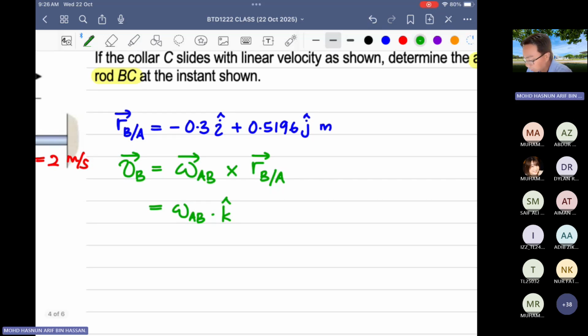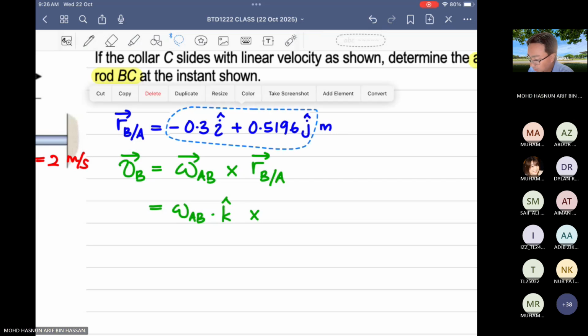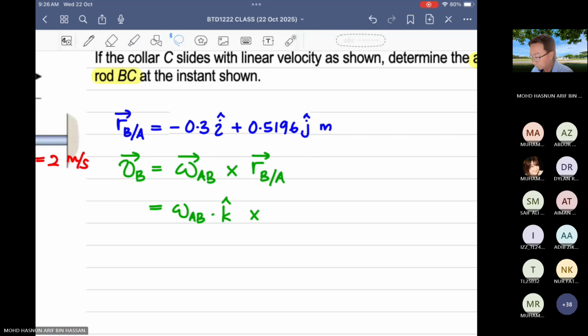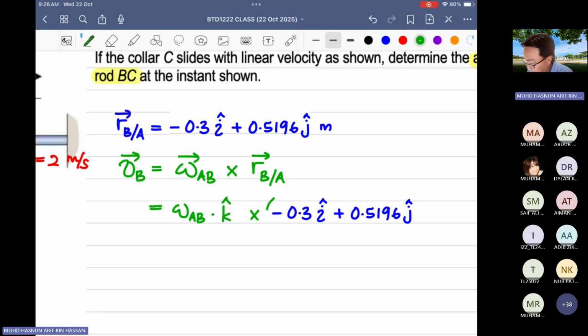So we put in then the cross product of RB/A. So we can copy this and put this here. Put a bracket there.